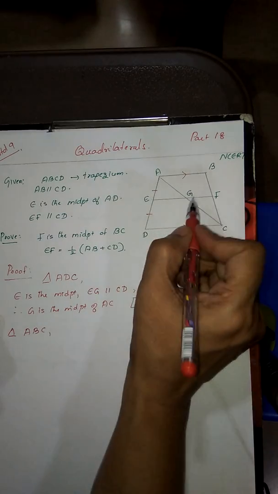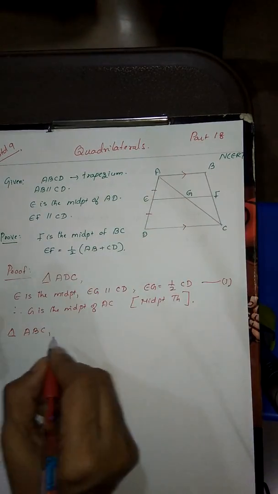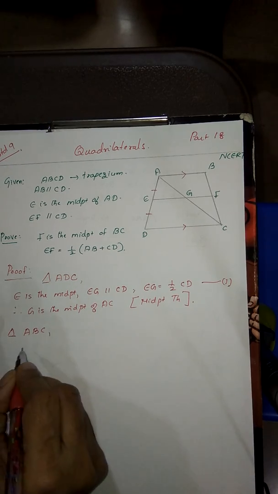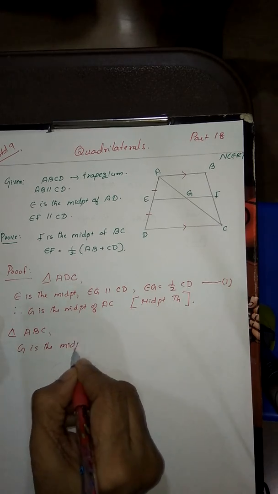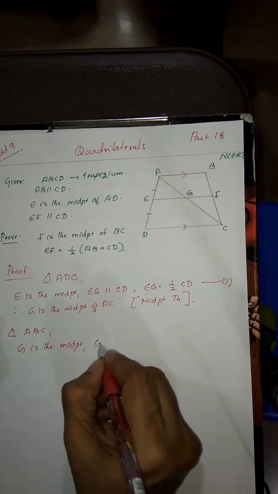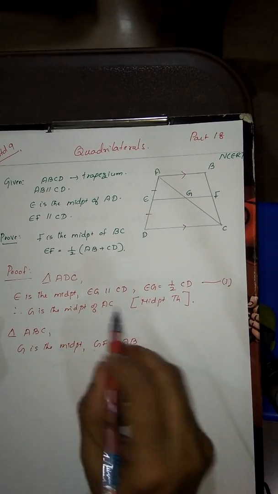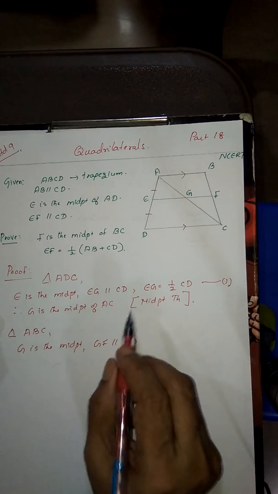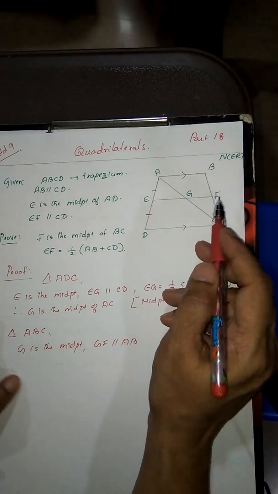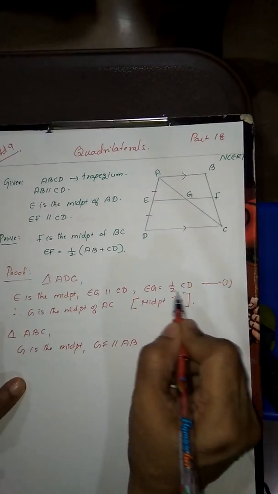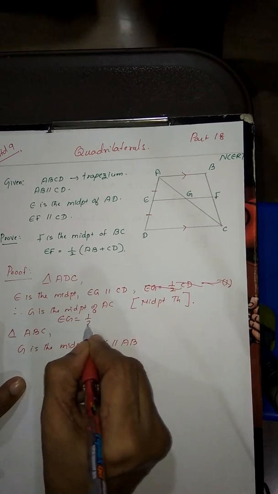Now G is the midpoint we got and GF is parallel to AB. Therefore, you have to write this in this portion. EG is equal to half of CD.